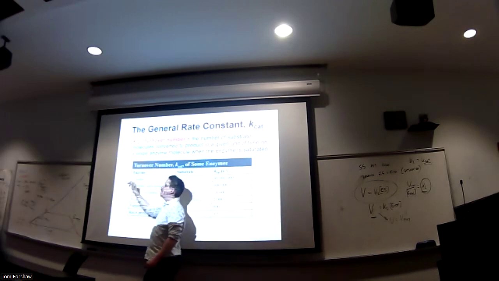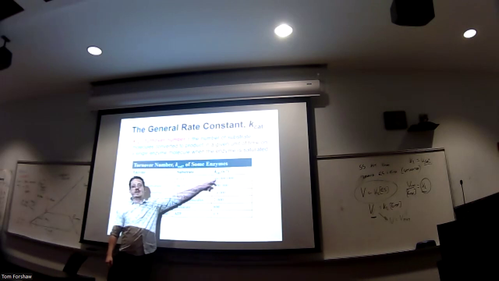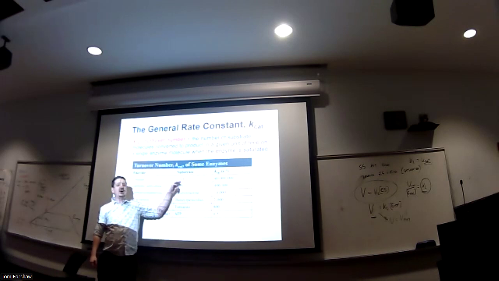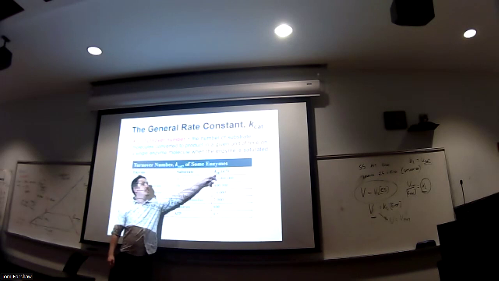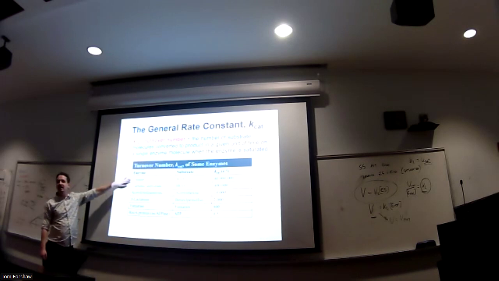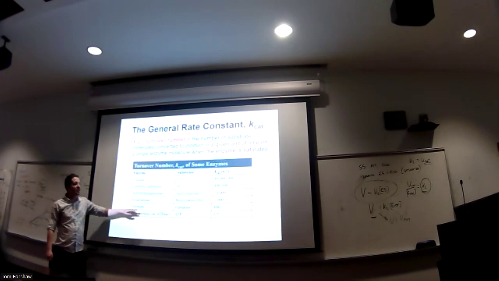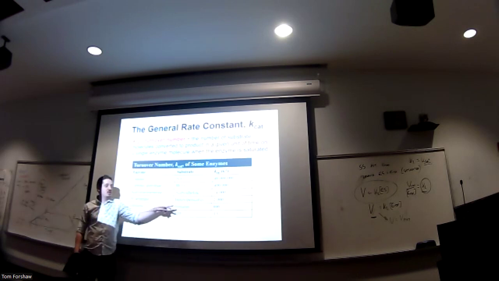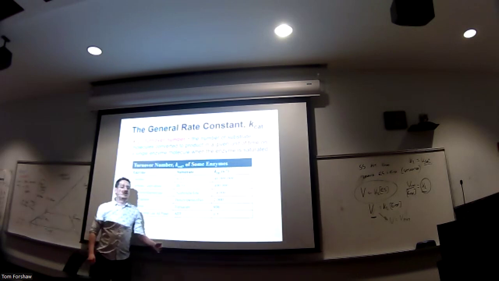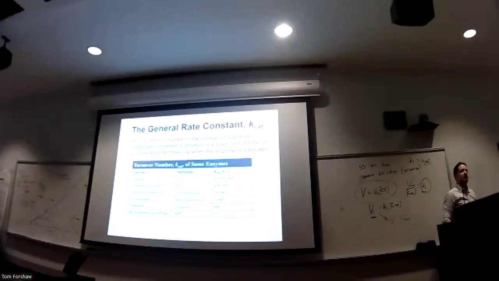So the enzyme catalase can turn 40 million molecules of hydrogen peroxide into water per second. That's an extremely efficient enzyme. Whereas, let's say, fumarase can turn 800 molecules of fumarate into malate per second.